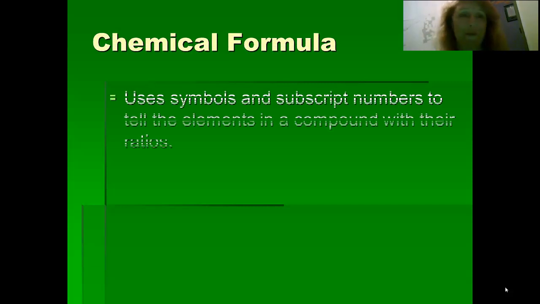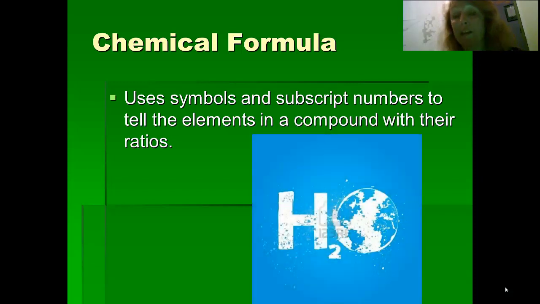Look, chemical formulas use symbols and subscript numbers to tell the elements in a compound and to tell the ratios. For example, H2O. You've got the H and the O, which are the symbols that represent the elements. And then the number 2 is a subscript.